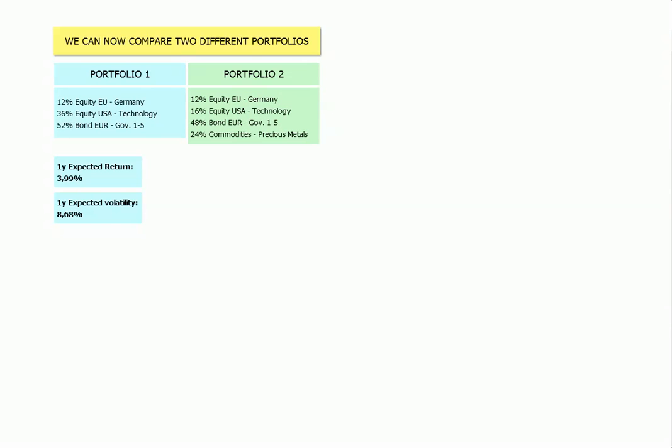And Portfolio 2: 12% equity Germany, 16% USA technology, 48% Euro govies 1 to 5 years and 24% precious metal. 1-year expected return is 4% and 1-year expected volatility is 6.06%. We have reduced total portfolio volatility by 30%, maintaining the same 1-year expected return.